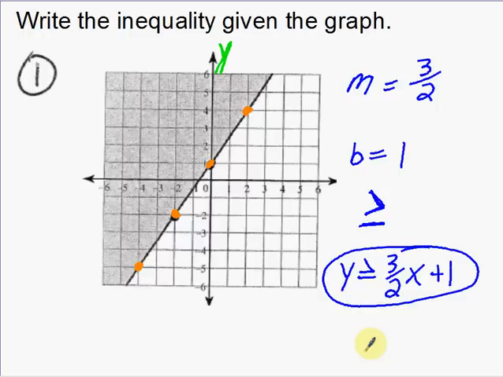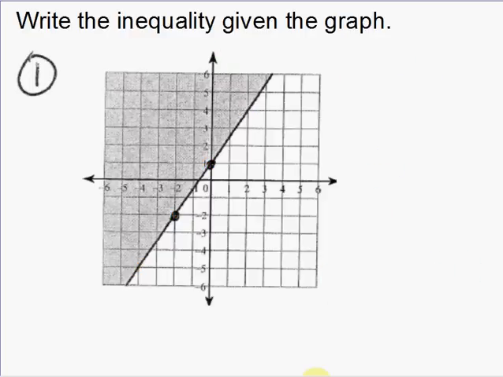And of course I'm shaded above, and it's a solid line. Something that some people have trouble with, I'm going to erase everything that I have other than the graph. Some people have trouble deciding where above and below the line are. The way I think of this might sound silly to you, but this is really how I think about it: I think of this as kind of like a seesaw.